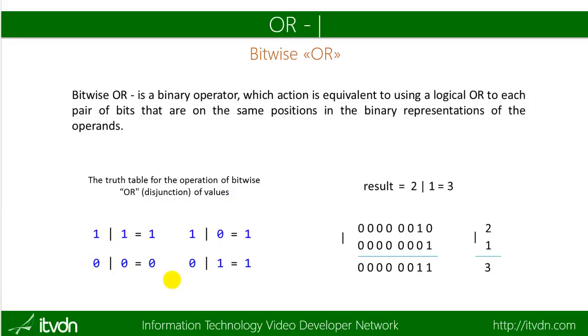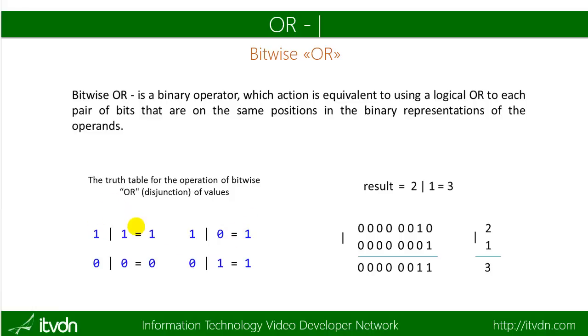0 or 0, 0. 1 or 0, 1. 0 or 1, 1. So in this case, it's enough for only one of them to be 1 for us to get a result of 1. It's either this or this. So either one of them can be 1 and your result will be 1.